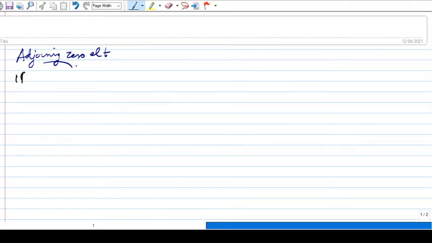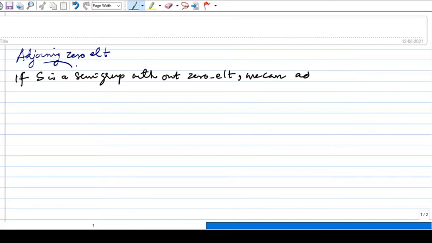If S is a semigroup without zero element, we can adjoin a zero element to S by defining two conditions.